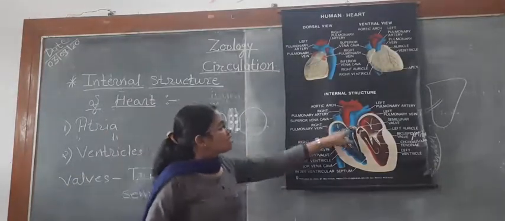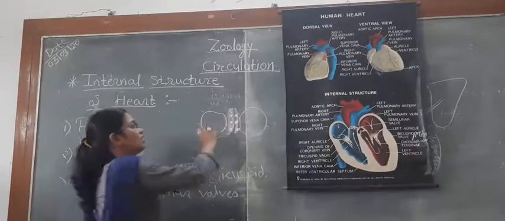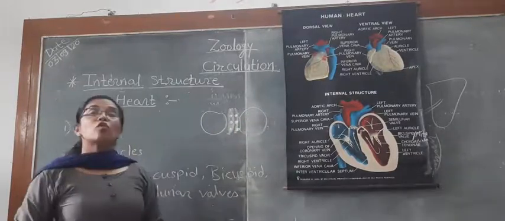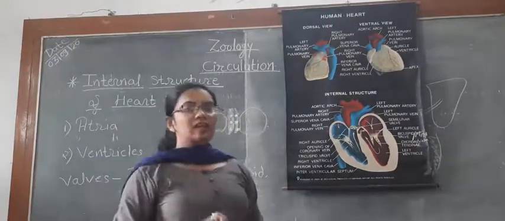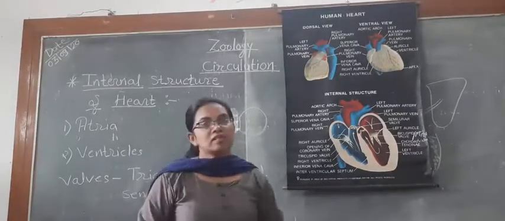Now consider the separating wall, the interatrial septum. Assume that this is the right atrium and this one is the left atrium. What happens during embryo development? The embryo's heart is not four chambered separately.